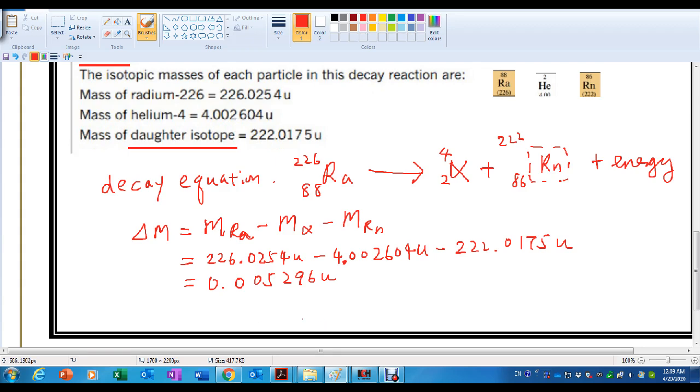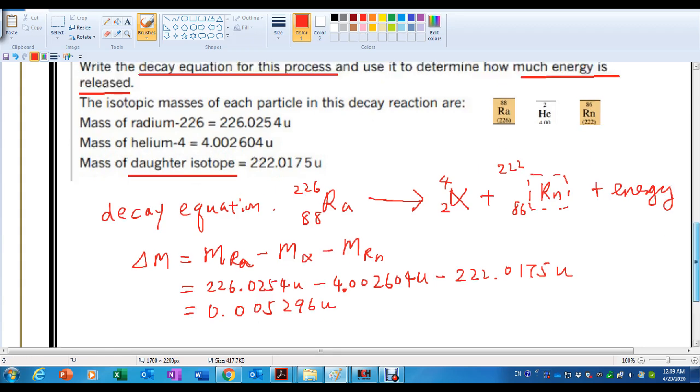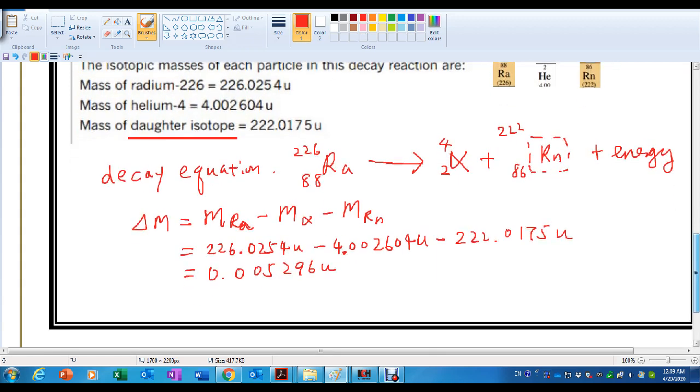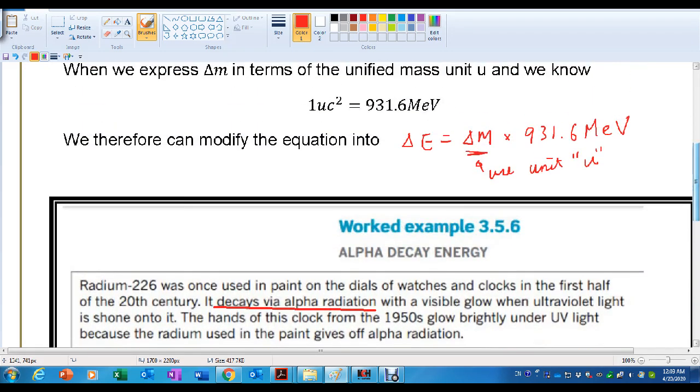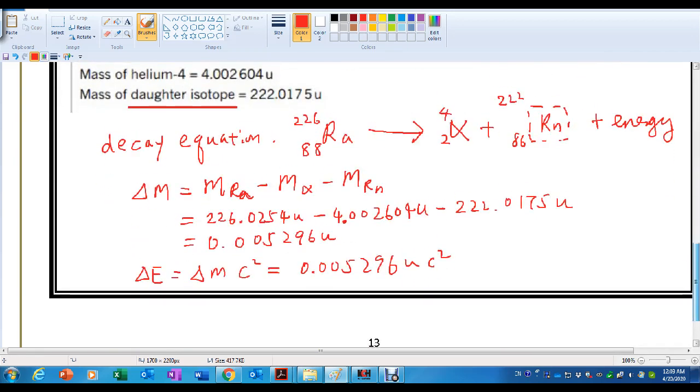So how could you calculate the energy released? Remember that 1 U c squared is equivalent to 931.6 mega electron volts.